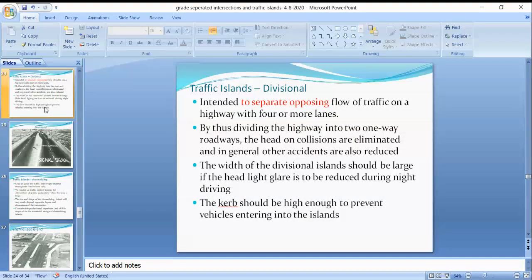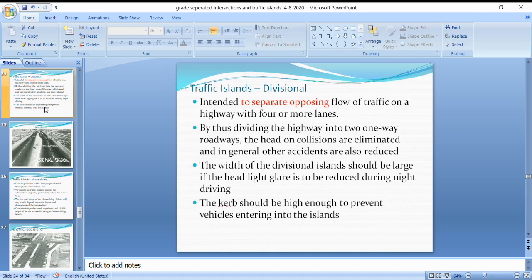It is intended to separate opposing flows of traffic on a highway with four or more lanes, thus dividing the highway into two one-way roads.